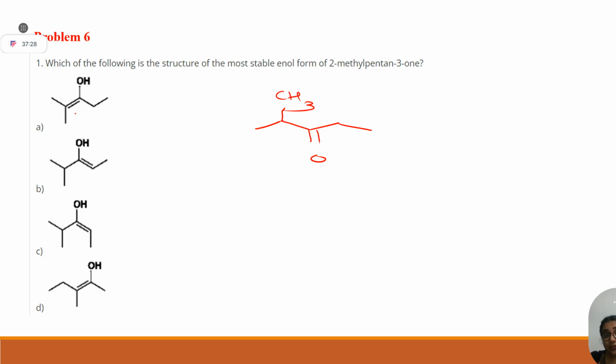First you have to check whether it is its enol form or not. So first answer this question: is this an enol form of pentan-3-one? Yes, it is. And now our next target is to calculate hyperconjugation. So 3, 3, 6 or 2, 8 hyperconjugation. Correct?